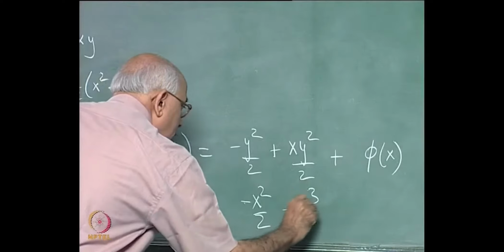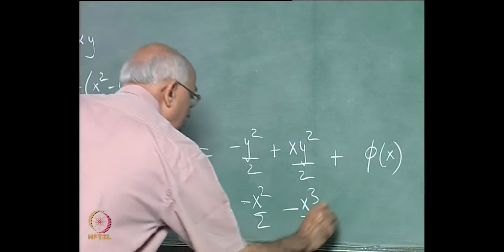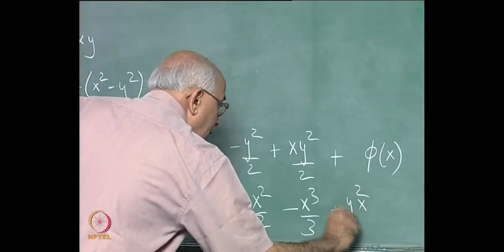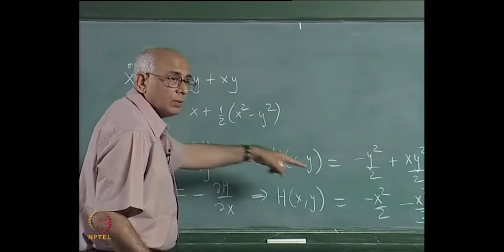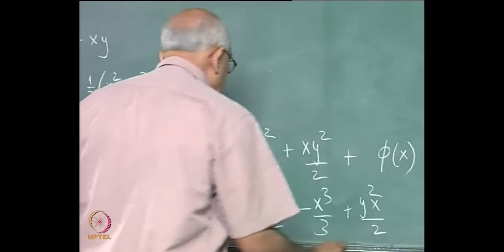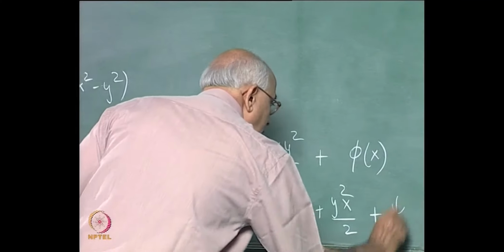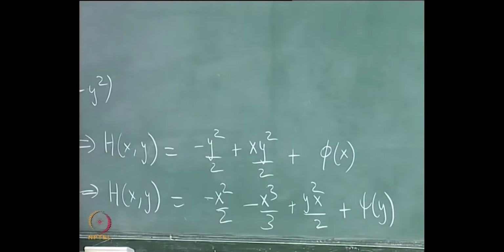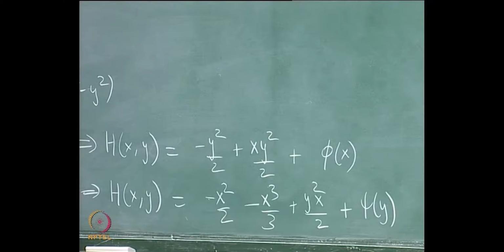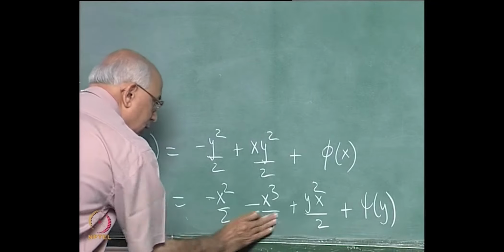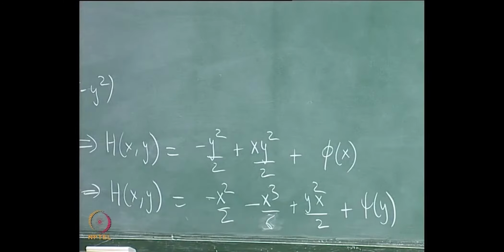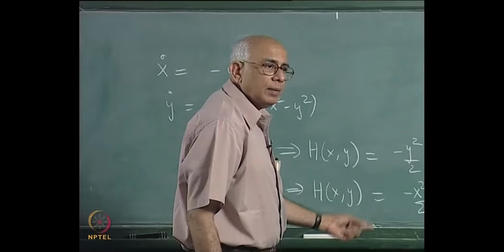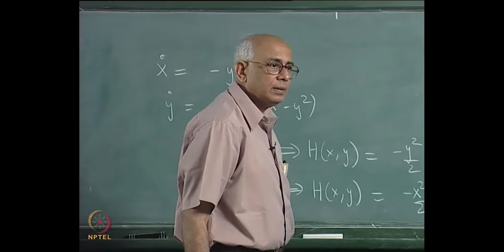Minus x cubed over 3 plus y squared x over 2, you have to integrate this with respect to x, so it is y squared x over 2 plus some function of y, pardon me, x cubed over 6 plus this. So are these compatible? Can they be simultaneously satisfied? Yes indeed.